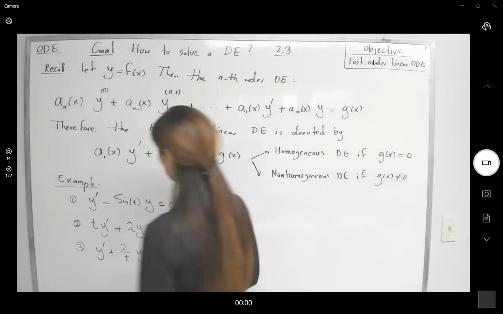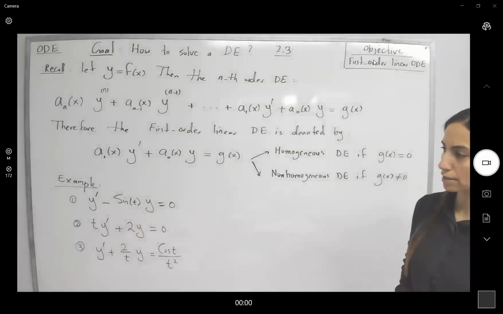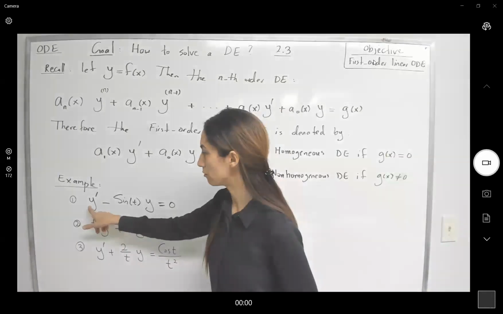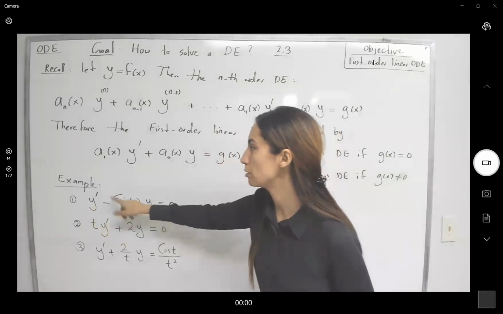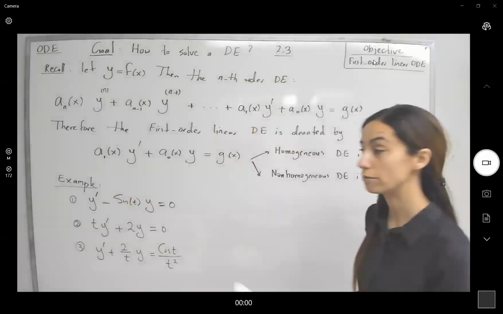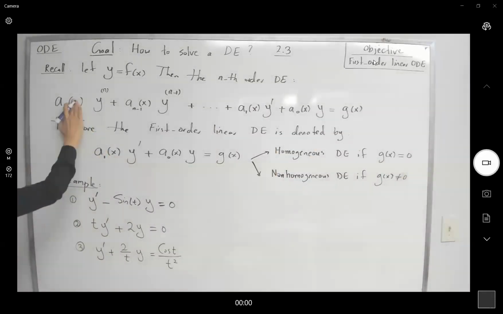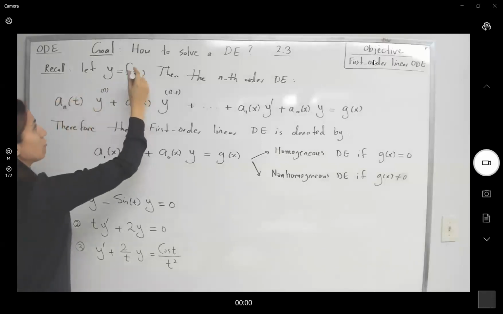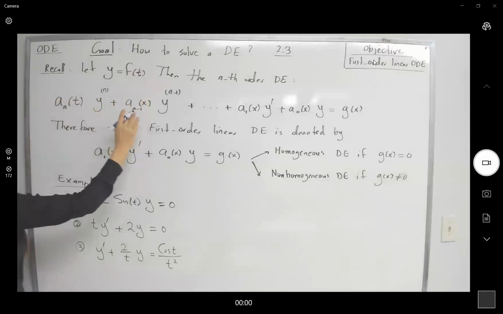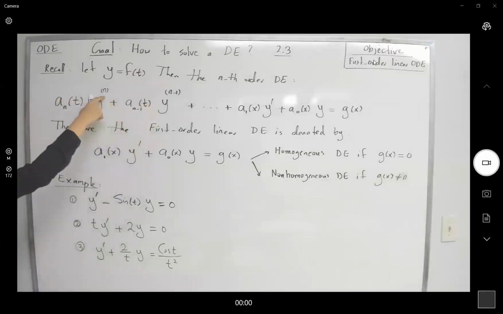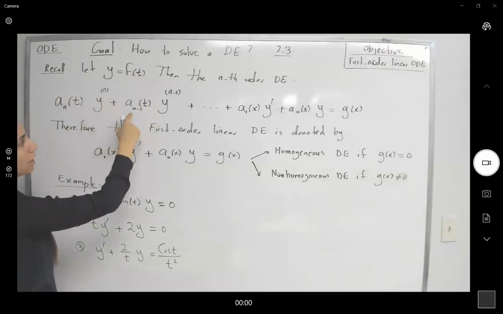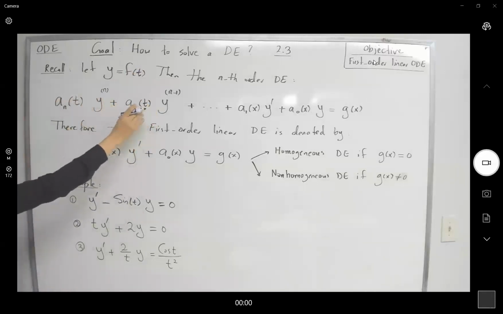Okay. So in either case, we have the derivative of y minus a function in the independent variable. Remember that you can replace everything that you hear by t. If t is independent, you get a sub n of t. You have y equals f of t, a sub n of t times the nth derivative of y plus a sub n minus 1 of t, which is a coefficient.